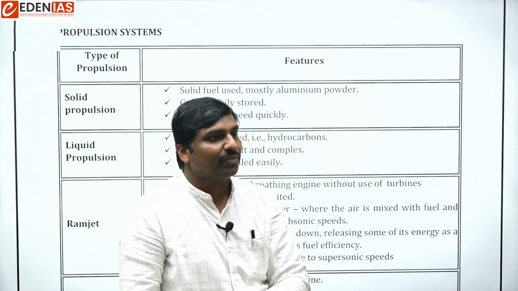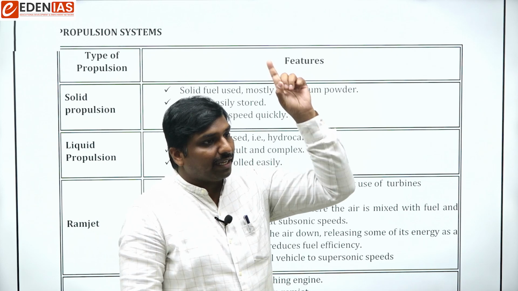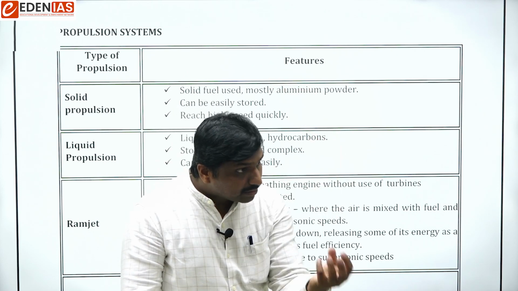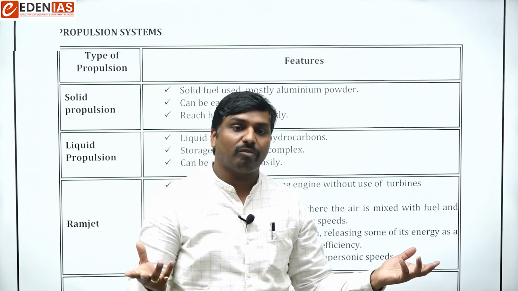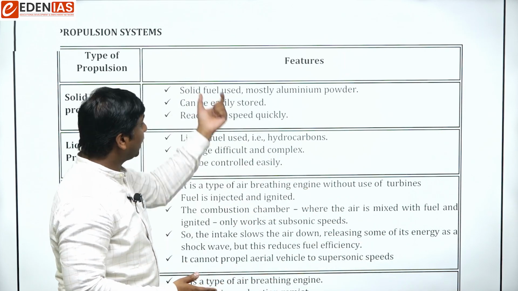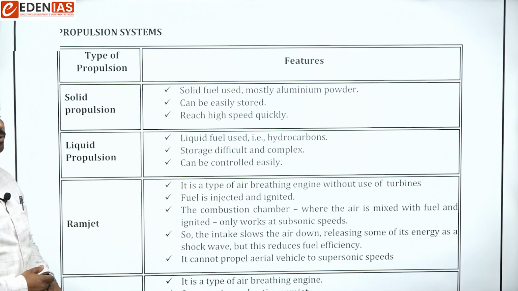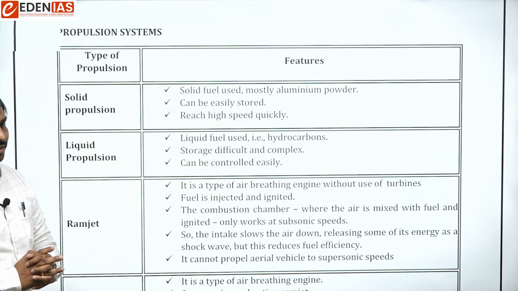When it wants to move away, it should overcome the gravitational pull. Near the Earth's surface, gravitational pull is more, so to overcome that it needs good thrust. For that, we use a solid propulsion system at the first stage. Are you able to understand that?